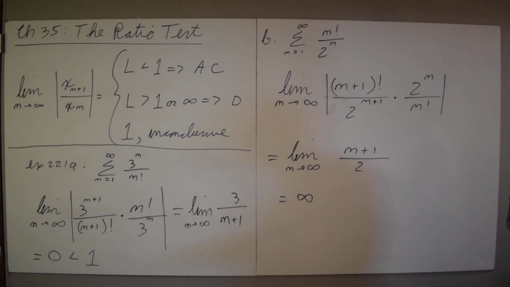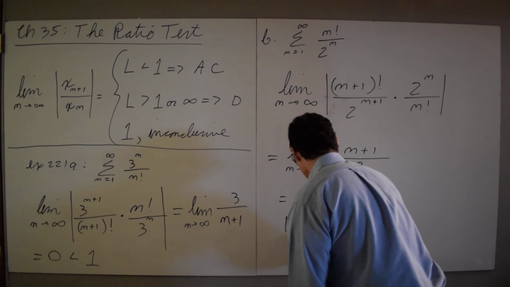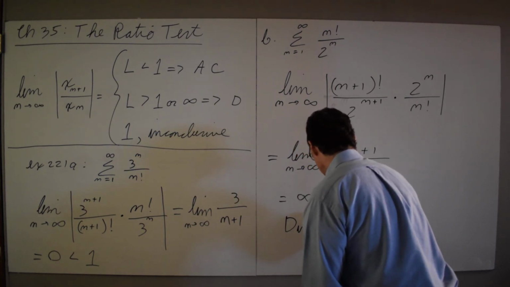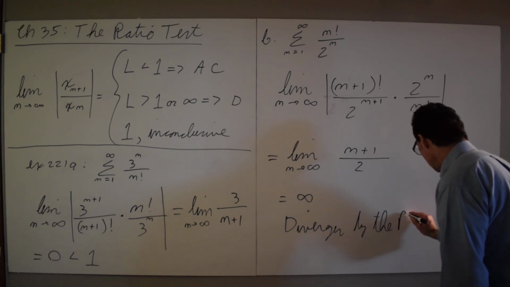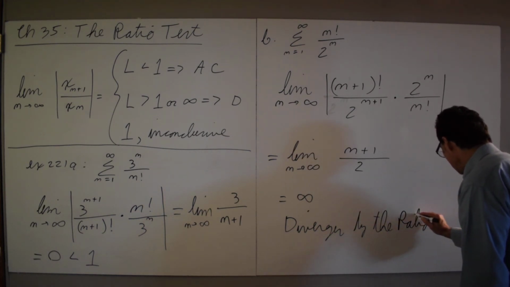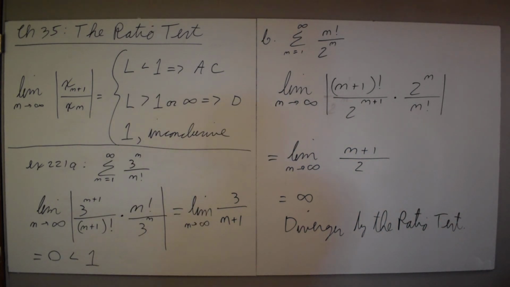This limit is infinity, and so this series diverges by the ratio test.